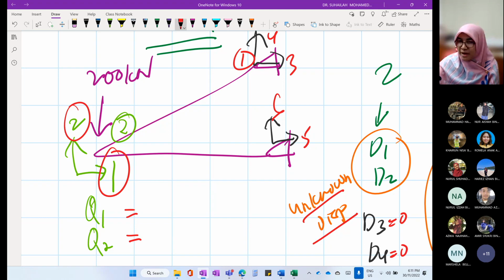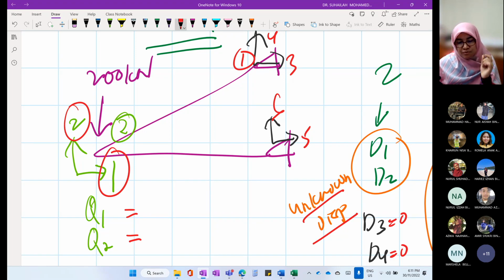Q1 is, you have to put a value because it is a known force, not an unknown Q. The constraint system has taken it, so this one has a value. So what is Q1? Q1 is the horizontal force at node number 1.